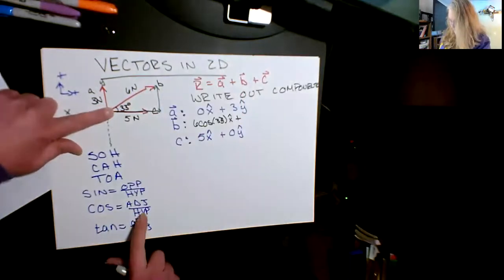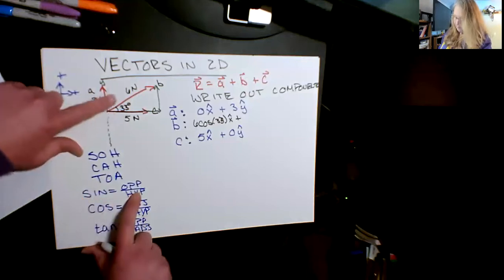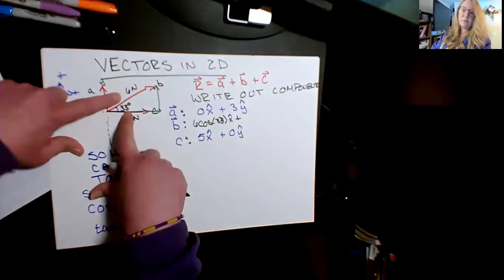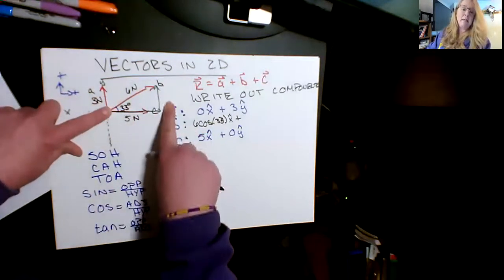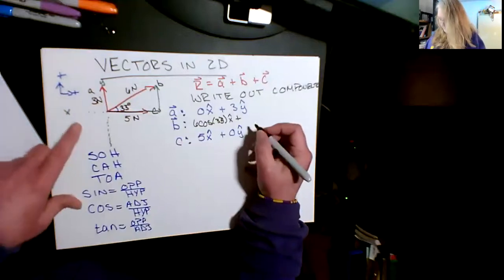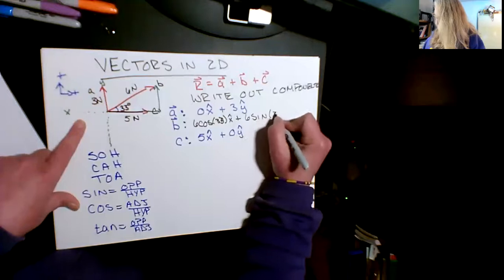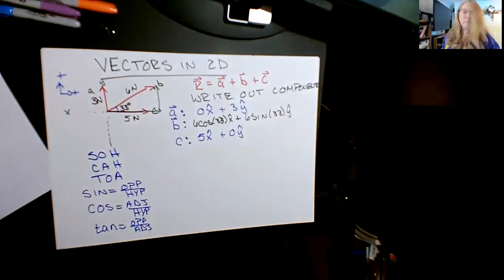So again, I look here, I have the hypotenuse, we'll point to the right trig function. Moving it over here, I end up with the hypotenuse, this 6 newtons, times the sine of the angle, which is this 33 degrees, will give me the opposite side, that y length. So plus 6 times sine of 33 in the y hat. There you go. Now I can add them together.